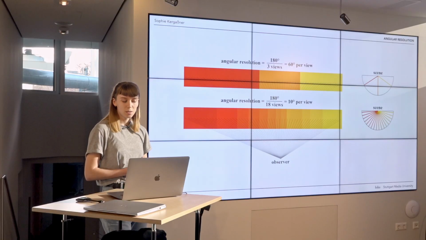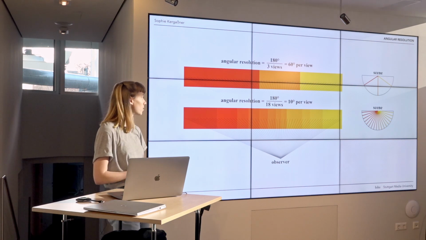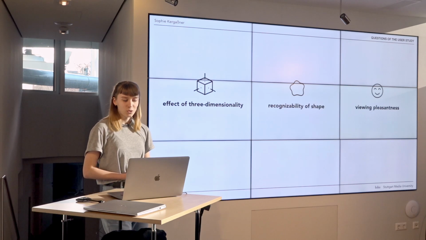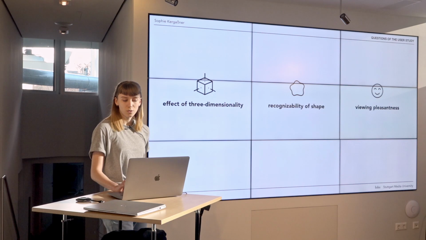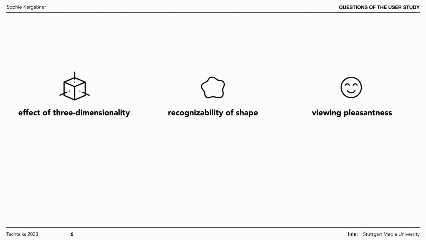So the same effect of this also applies to light field displays with lots of displayed views. The more views we display, the less vertical artifacts are noticeable. So the bottom one is the one we are striving for. And in relation to the angular resolution, there were 3 factors we wanted to survey. So the first one is, how does it affect the effect of three-dimensionality?